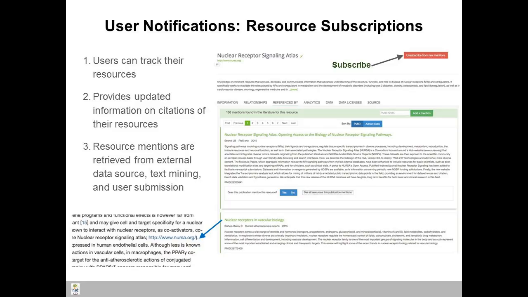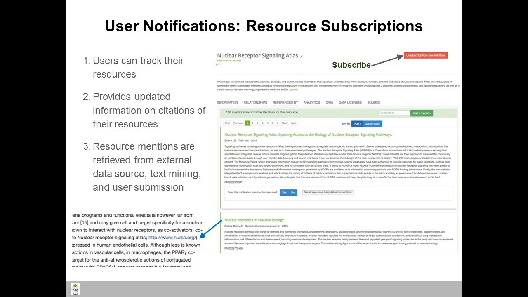However, what you'll notice is that for both owners and curators and also for users of the system, we provide different feedback mechanisms to allow people to say yes, a specific piece of literature does mention the resource, and so we track that as well, to allow us to improve the pipeline, but also to improve what we consider to be high confidence mentions of the resources.